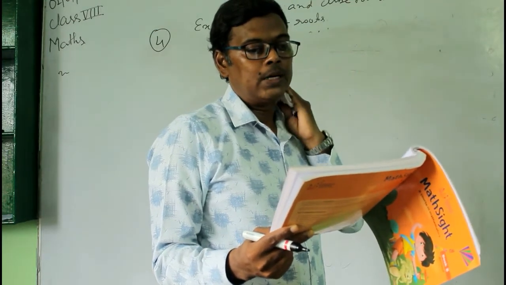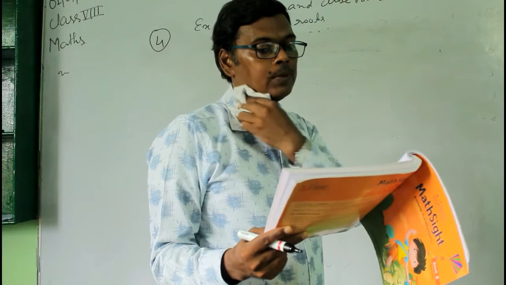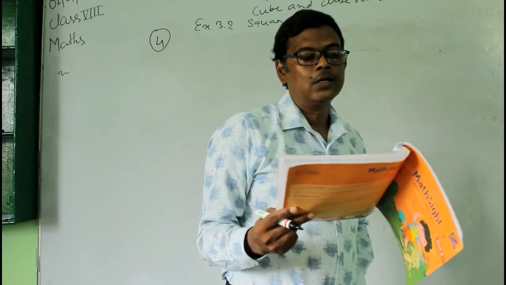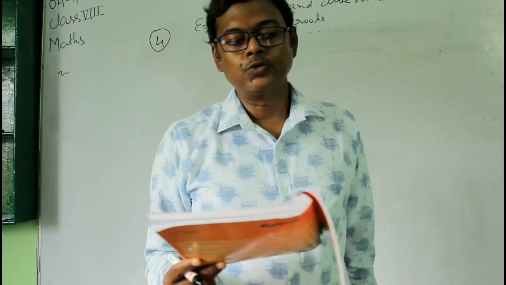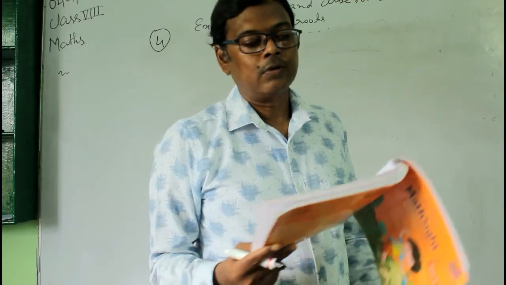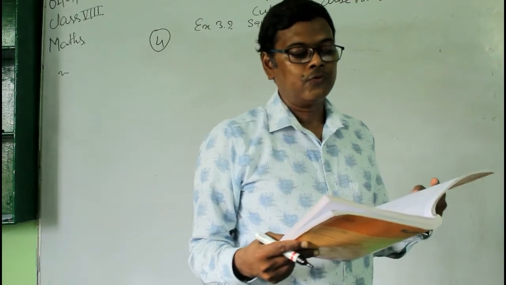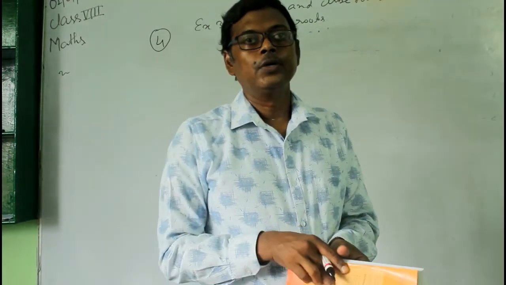Find the number of plants in each row. Okay, the number of plants in each row we have to find. So our gardener grows 2025 plants in his garden in the form of a square. So we have to find the square root of this number and you will get the answer.